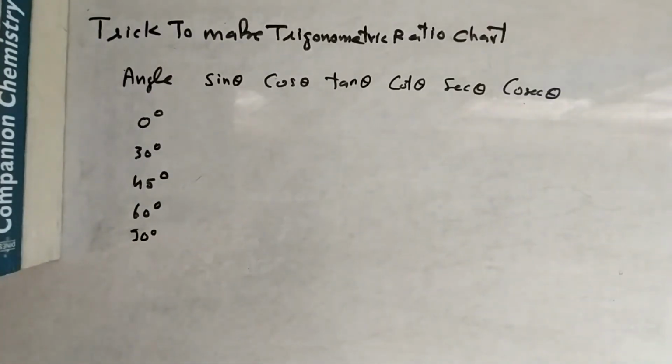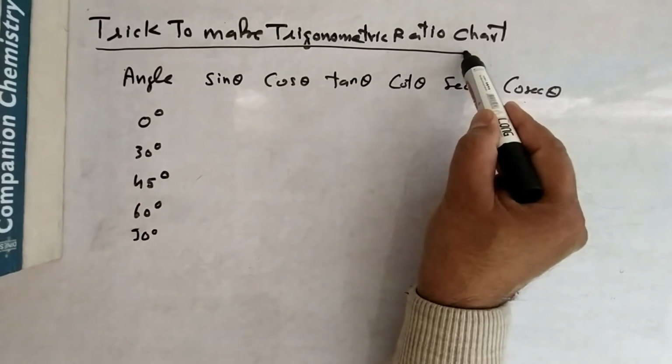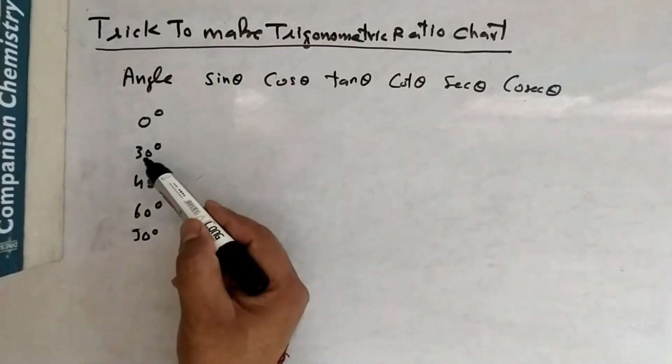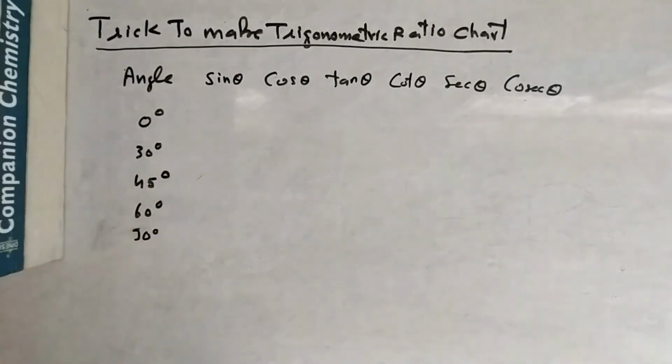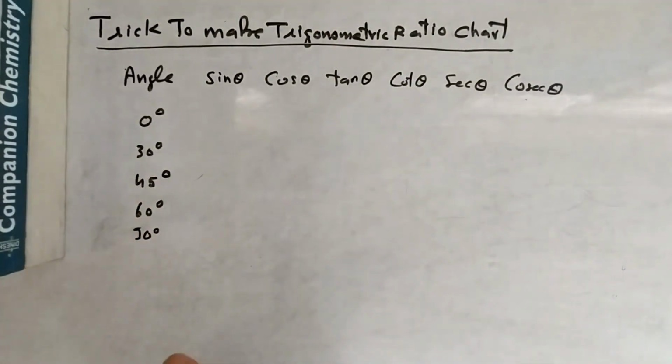So children, let us try to learn a trick for how to learn this trigonometric ratio chart for the standard angles 0, 30, 45, 60 and 90 degree. Okay, very simple. You have to learn only 3 values, only 3.